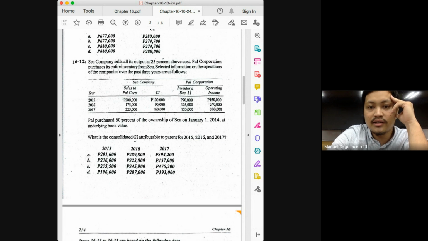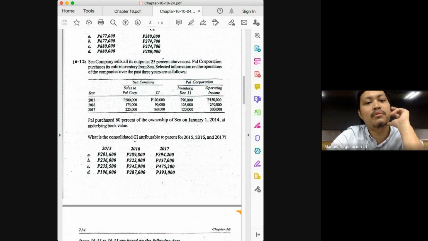PAL purchased 60% of the ownership. Sales to PAL. Okay, so the transaction here is upstream from the subsidiary to the parent. So in this problem, we will not have any adjustment to the income of the parent.